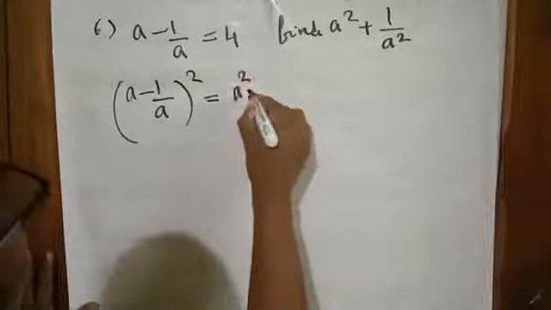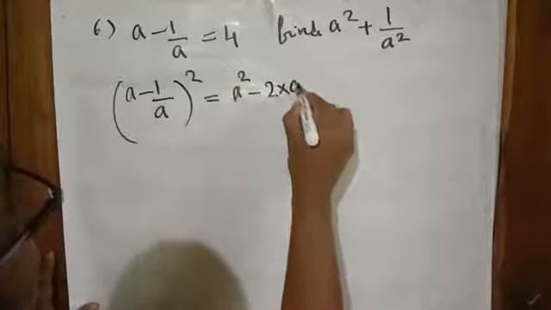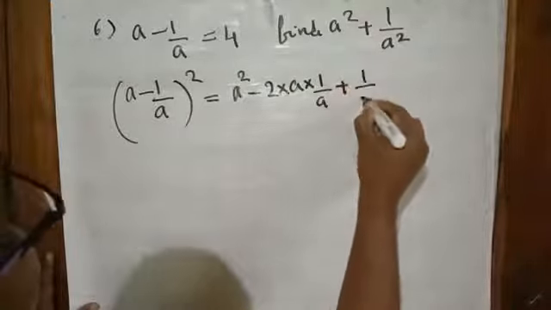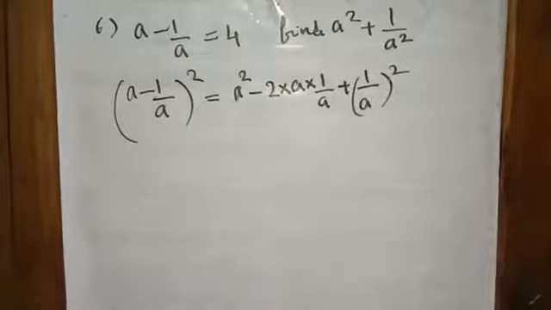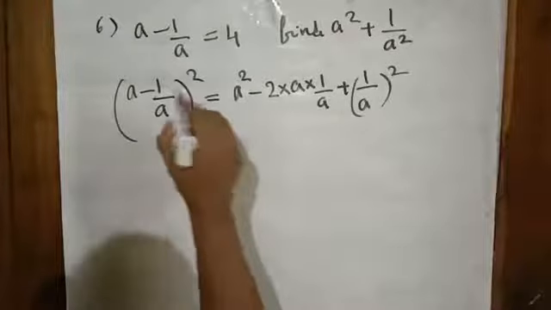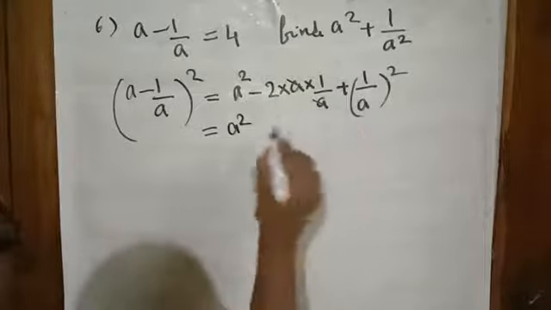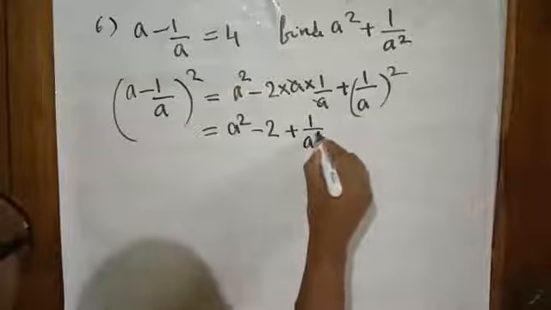First term square minus 2 into first term into second term plus second term square. Isn't it? If you want, you can learn this formula by heart, but you just do a square minus, here a gets cancelled, so minus 2 plus 1 by a square.